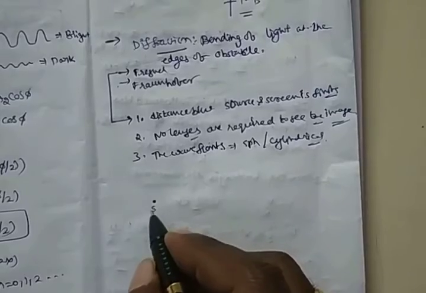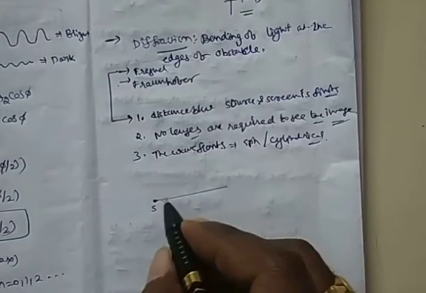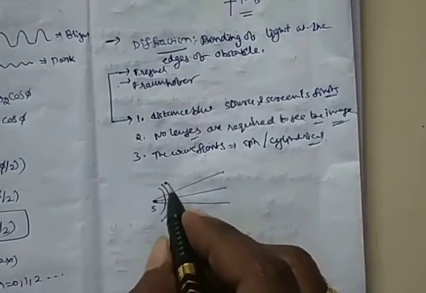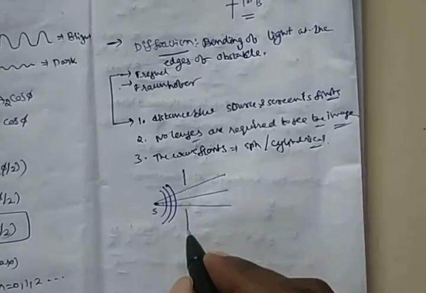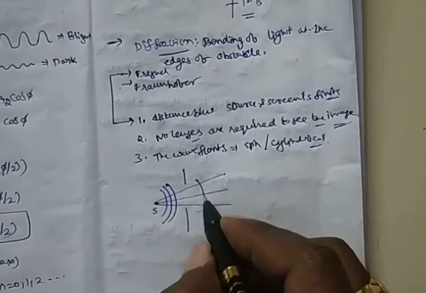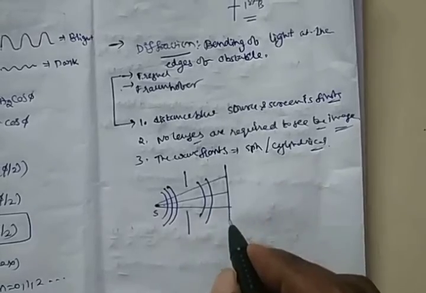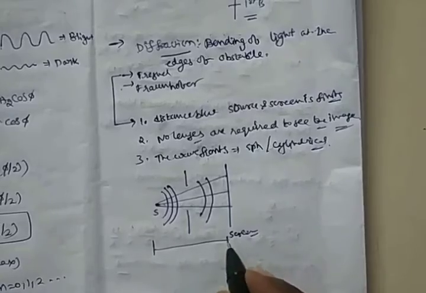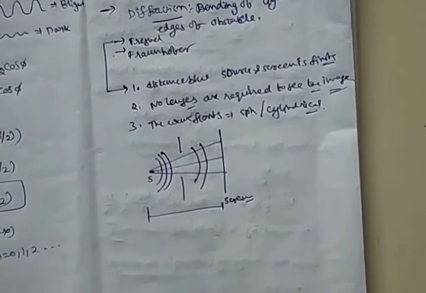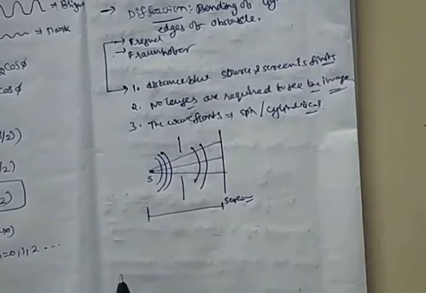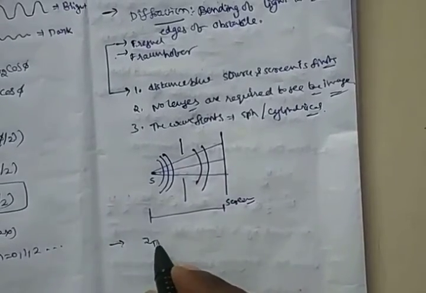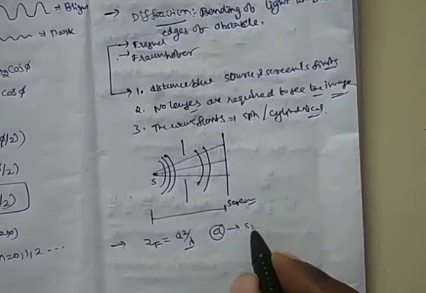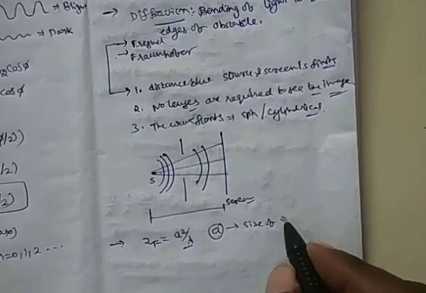That means when the source is here, the light waves coming from this point will be emitted like this, spherical waves, and they pass through the slit S1, and they will be emitted like this, and these are incident on the screen. That means the distance between the slit and screen, source and screen, is finite. That is about Fresnel. The Fresnel distance is represented by a square by lambda, where a is the size of the obstacle.